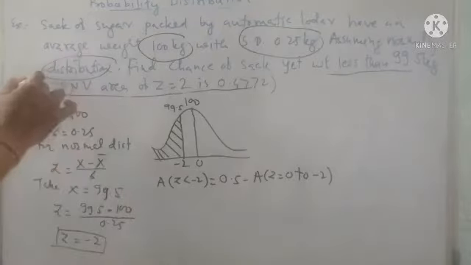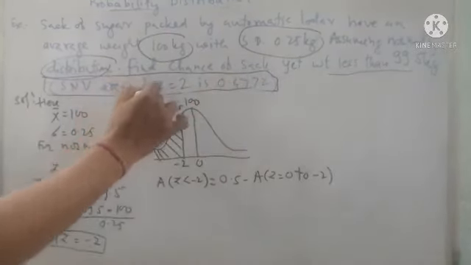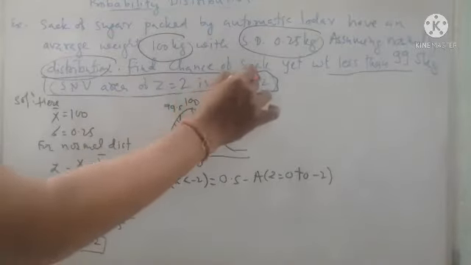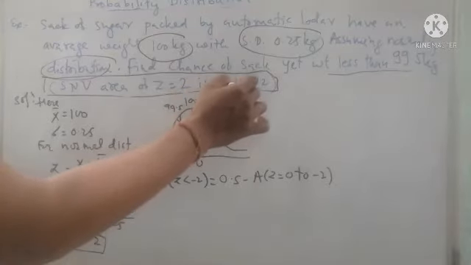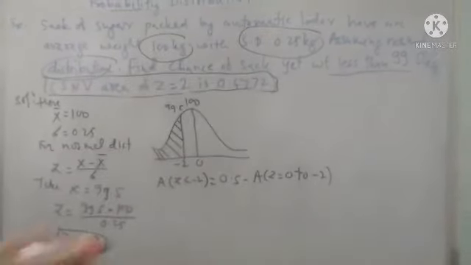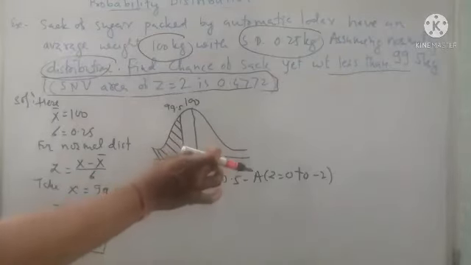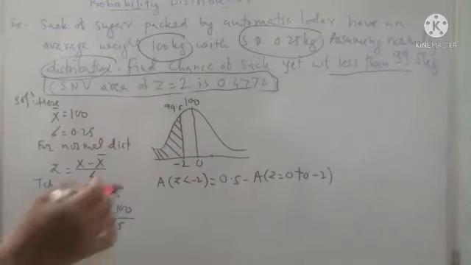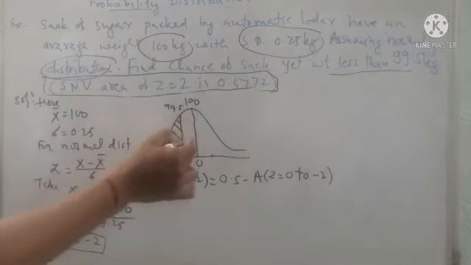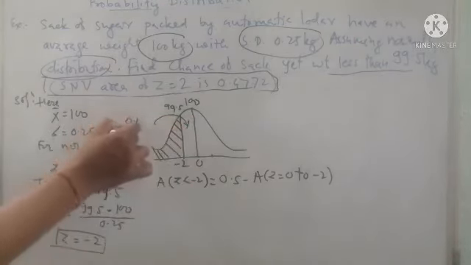As we are provided the standard normal variable area, the area for z equal to 2 is 0.4772, that means from 0 to 2 the area is 0.4772. As this is a symmetric curve, the area from 0 to minus 2 is equal to the area from 0 to 2. So the area from 0 to minus 2 is 0.4772.